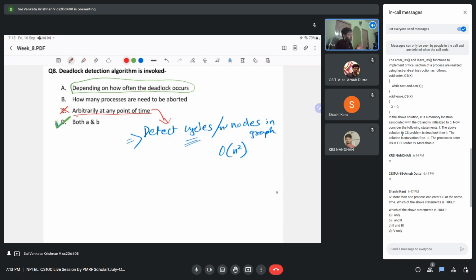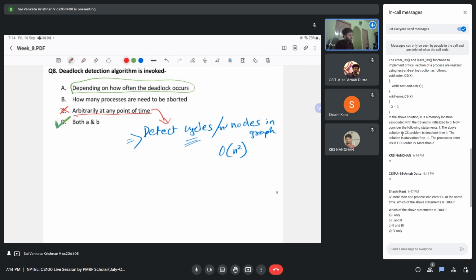In one of the previous questions, a cycle is there, but if there are multiple instances of the resource, say after 2 or 3 processes finish execution in some finite amount of time, say after 10 seconds, then the cycle would be broken. But if we run these detection algorithms at any point of time, before those processes finish execution and free the resources, it will unnecessarily detect these cycles, assume that a deadlock is there, and try to preempt the resources. So option C is wrong.